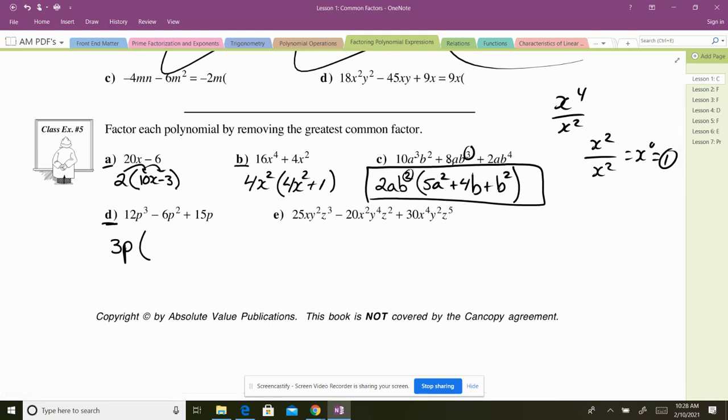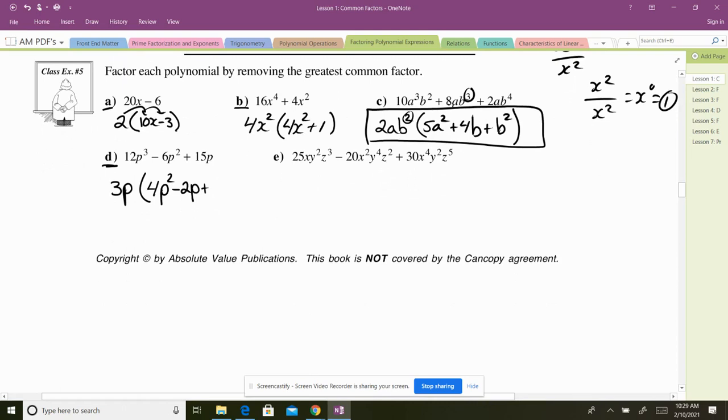Which is 4. p cubed, and I took out 1 p. p squared. 6 divided by 3. p squared over p. 15 divided by 3. 5. And if there's 1 p and I took it out, there's no p's.